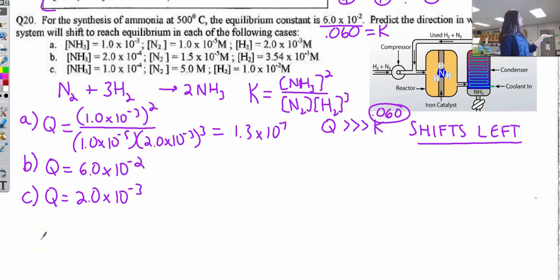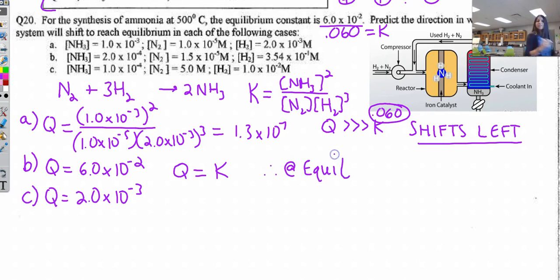Okay, so when I calculated the value for B, I got 6 times 10 to the negative 2, which is exactly the same as K. So if Q is equal to K, there's no shift. You're already at equilibrium. So therefore, we are already at equilibrium concentrations, and we're done, okay? Now for C, I know that Q in this case, if it's 10 to the negative 3, that's 10 to the negative 2, Q is less than K. And so if Q is less than K, now where's my mouth going?